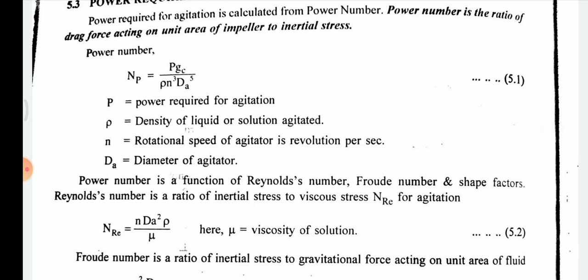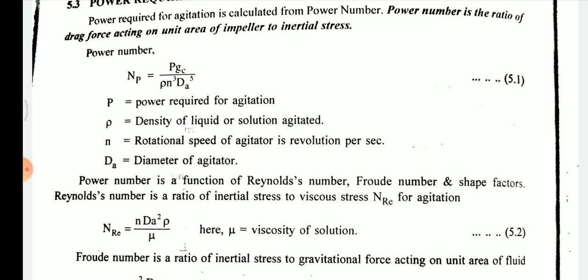P is the power required for agitation. Rho is the density of the liquid or solution to be agitated. N is the rotational speed of the agitator in revolutions per second. dA is the diameter of the agitator.